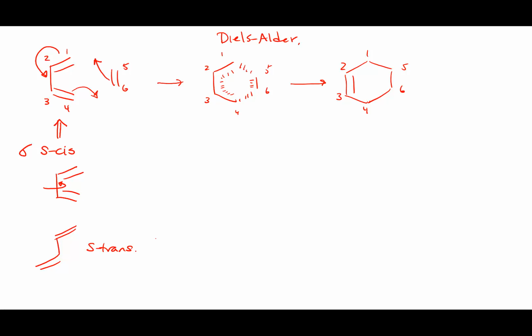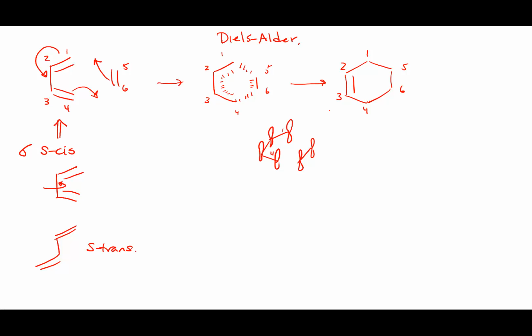The reason for the S-cis conformation having to exist is because if you write out the pi or the p orbitals and the pi bonding for the diene, that's S-cis. And so these 2 carbons on the end, carbon 1 and 4, have to be spaced so that they can plop right on top of the double bond.